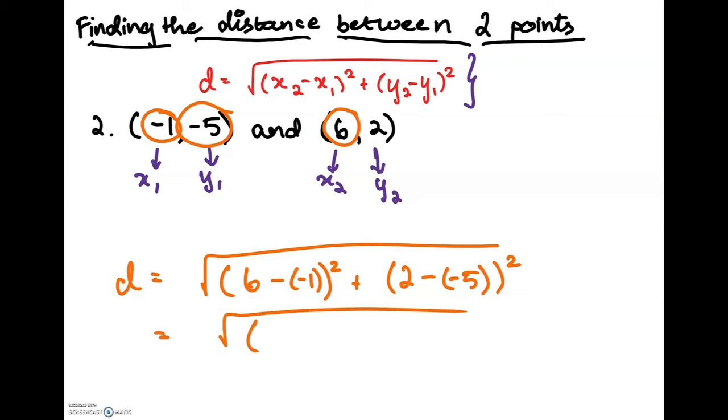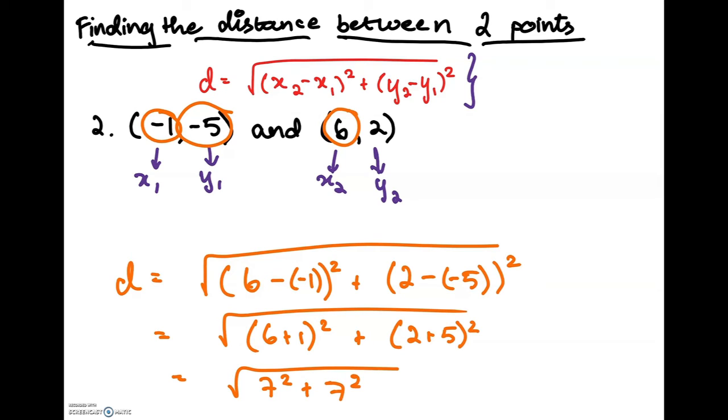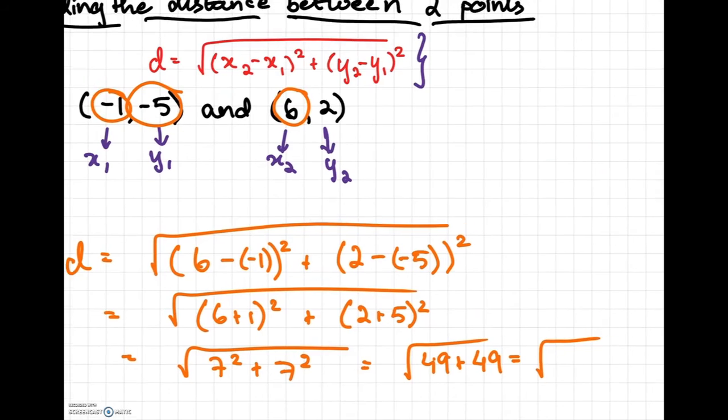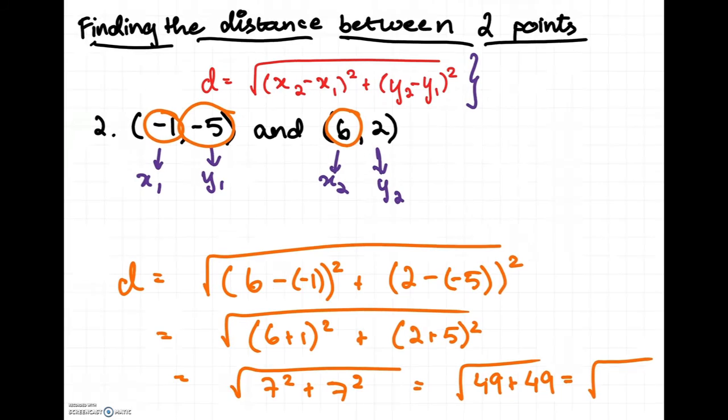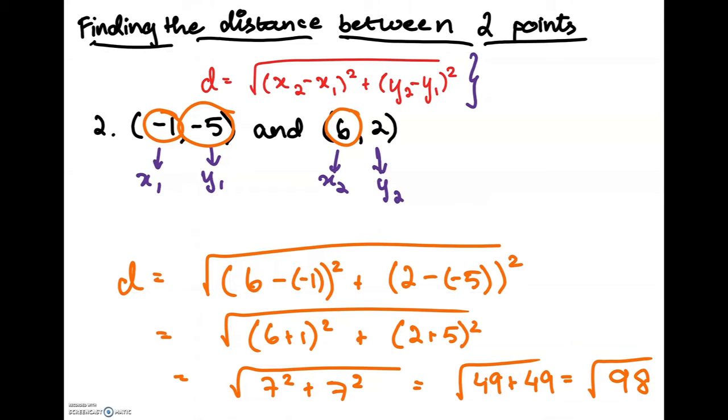Now to simplify that, this will become 6 plus 1, the whole square, and this will become 2 plus 5 squared. So this simplifies to 7 squared plus 7 squared, because 6 plus 1 is 7 and 2 plus 5 is also 7, which is equal to 49 plus 49, which is equal to the square root of 98. You could also simplify that using 2 decimal places, or you can just keep the radical form, but our final answer in this case would be the square root of 98.